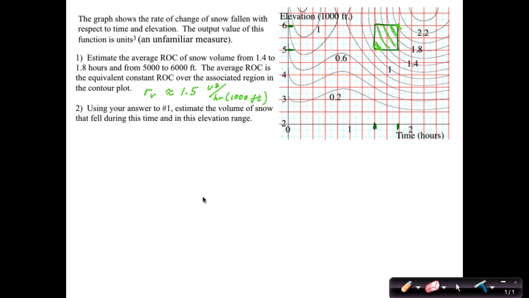Okay, Yanni, did you make some progress on this? Tell me what you think. So that's dt? Yeah, so I called this t and this e.